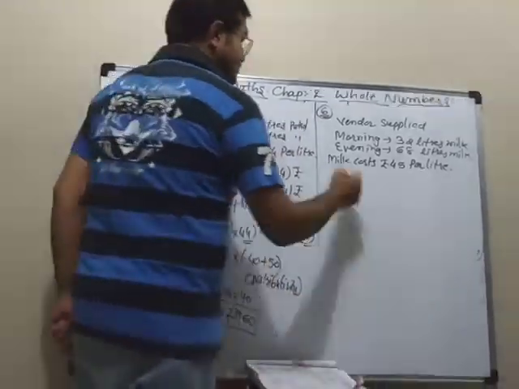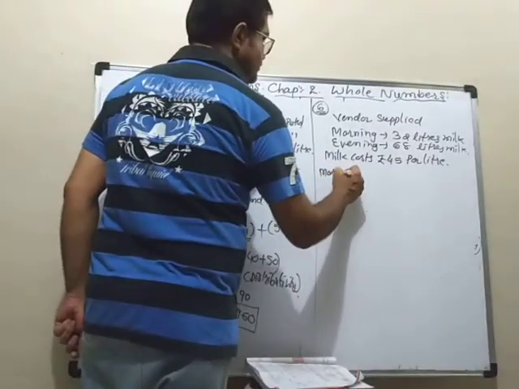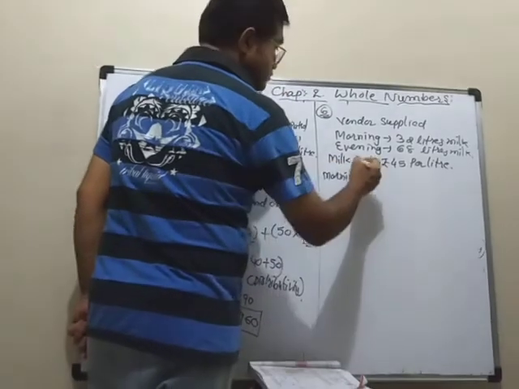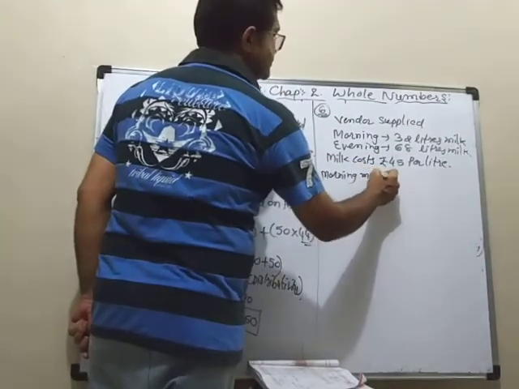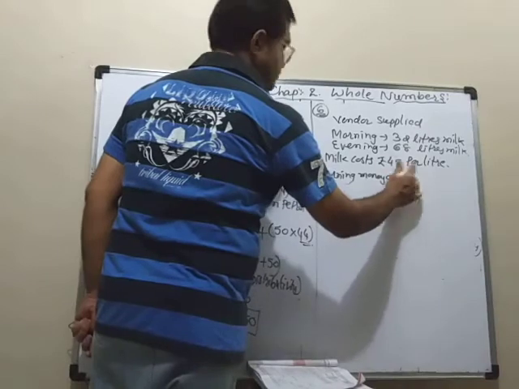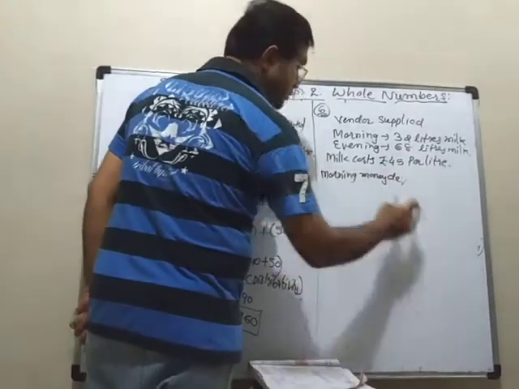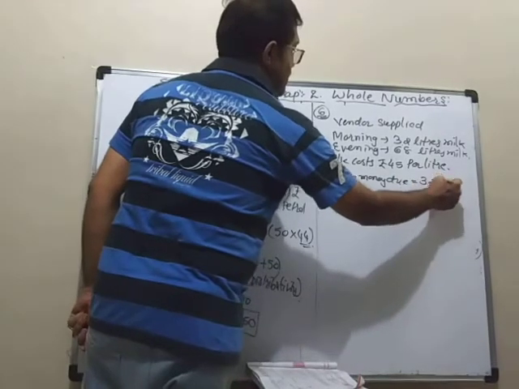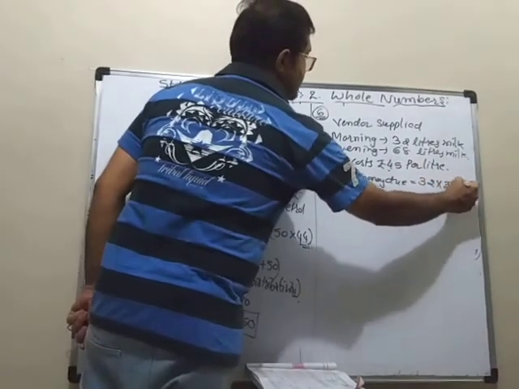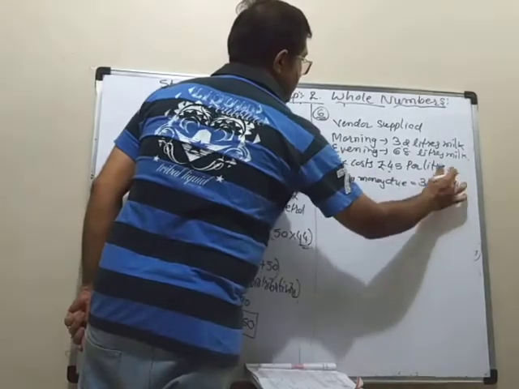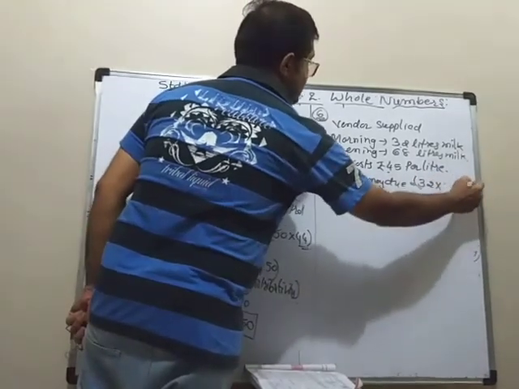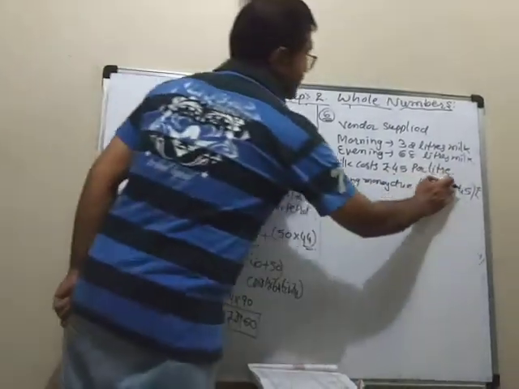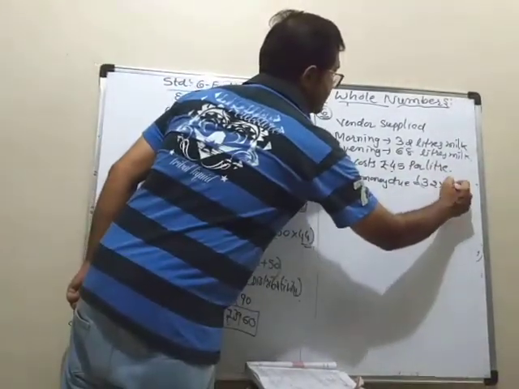So now morning, money due is 32 multiplied by rupees 45 because 1 liter costs rupees 45. So total money will be 32 multiplied by 45 rupees.